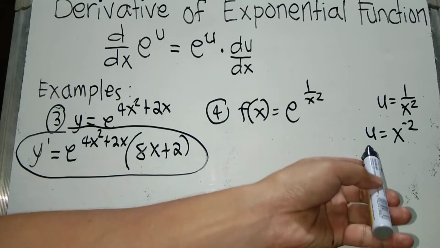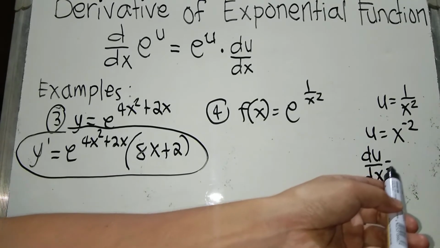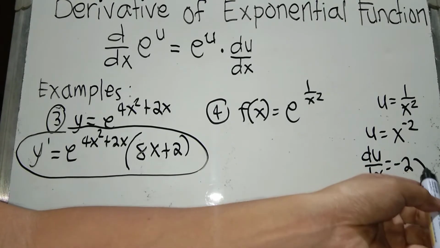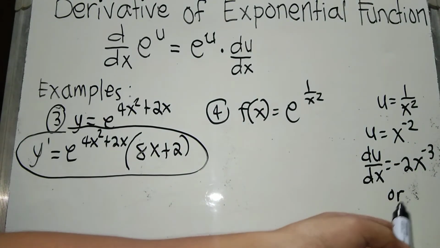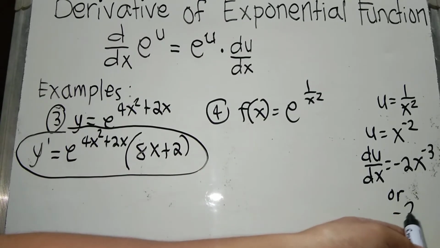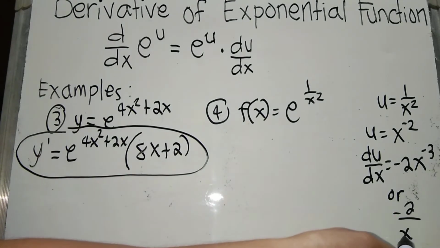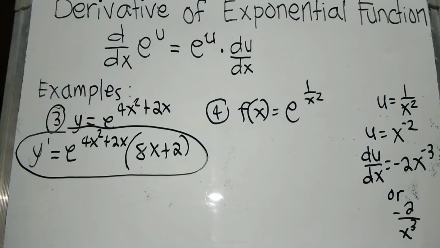So in finding the derivative of your u with respect to x would be negative 2 x raised to the power of negative 3. Or you can say this is now negative 2 over x cubed in order to eliminate negative exponent.